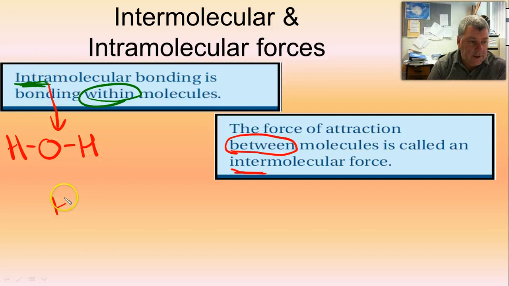Now if I have another hydrogen there, and they've got the covalent bonds there as well, the intramolecular, there's a force of attraction. Let's just get a different color here, and let's change the size. Is it doing it? So this molecule is actually attracted to this molecule, and we have forces of attraction.